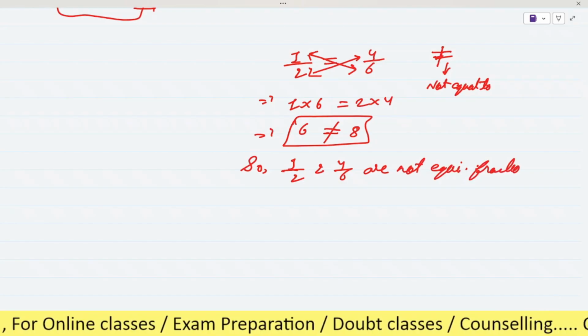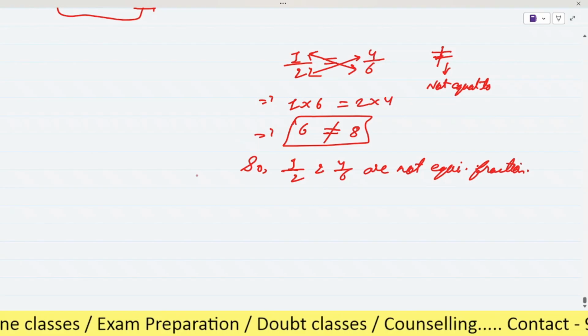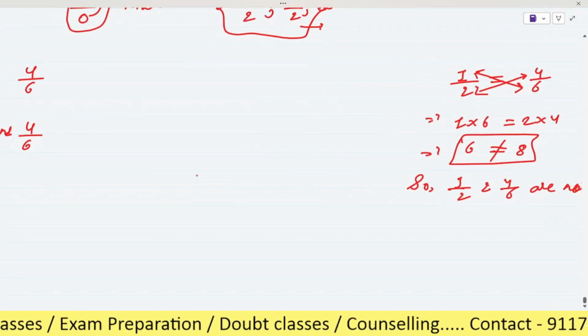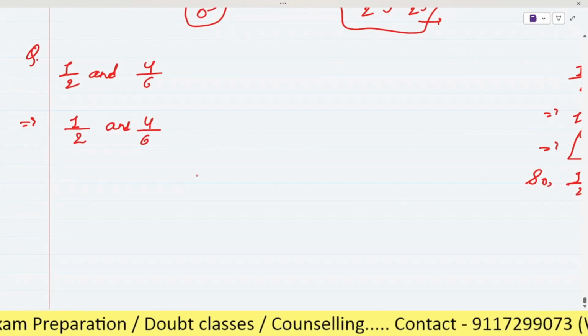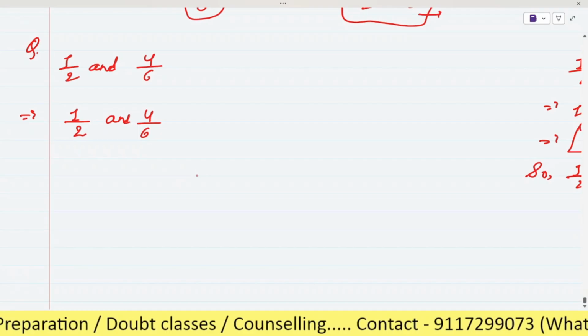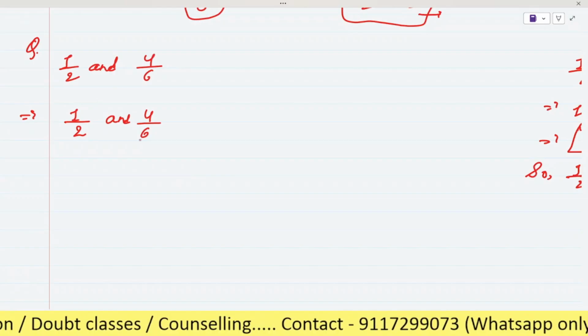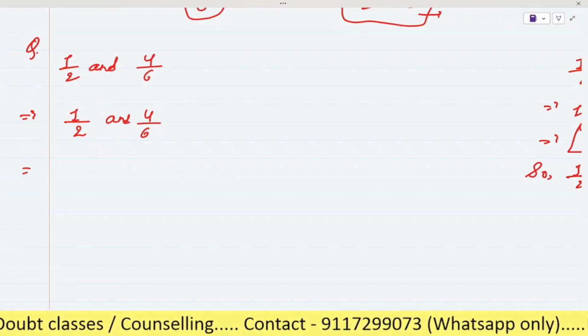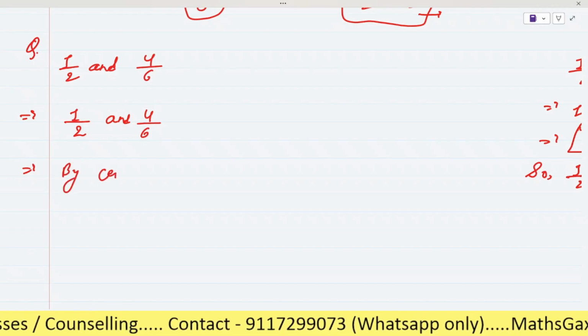Now we will learn how we have to write it step by step. First of all, in the first step we will write the question as it is. Then we will write by cross multiplication.